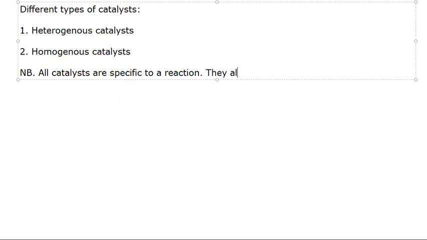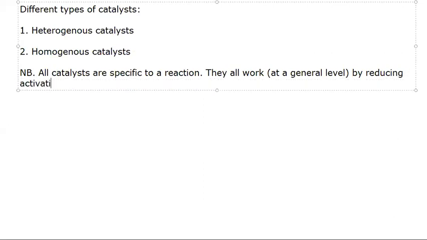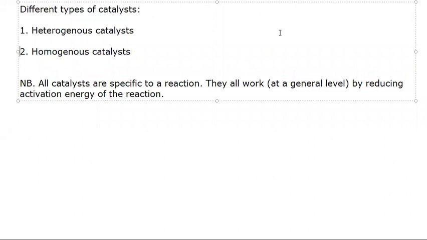And they all work, at a general level, by reducing activation energy. Now, of course, we'll now be considering how that is done.